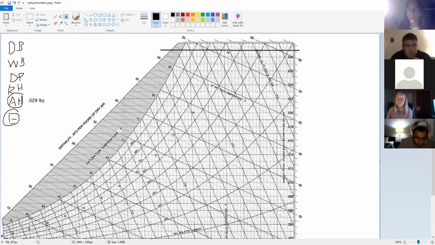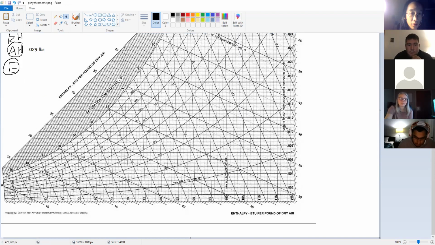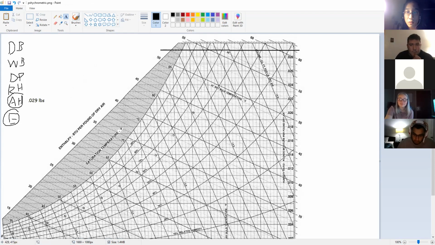That's how many pounds of water is in there per pound of air. Now give me enthalpy, a number between 55 and 60. 58. God, I hate you guys.